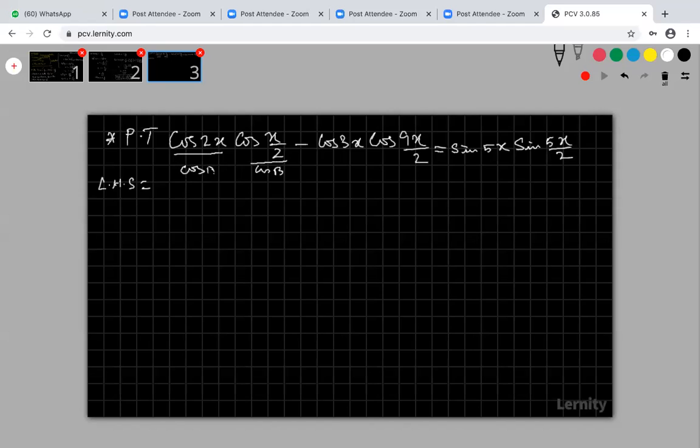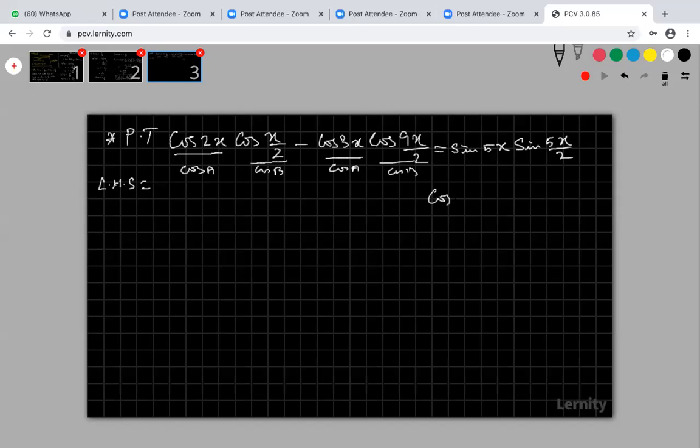Suppose I am multiplying by 2 and dividing by 2, then what happens? Here also, take it as cos A cos B. What is my cos A cos B formula?